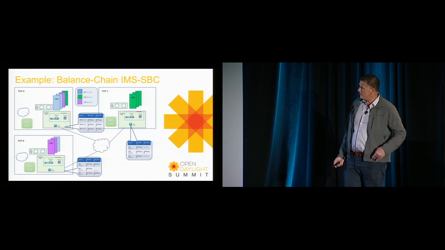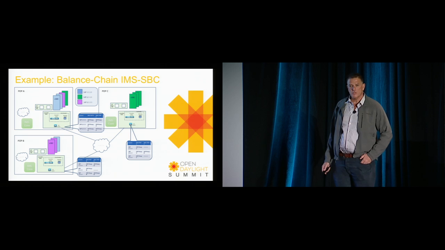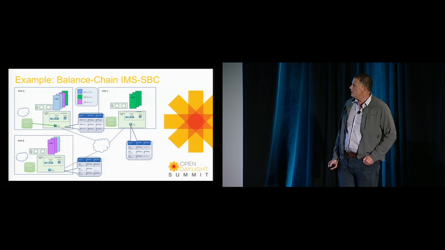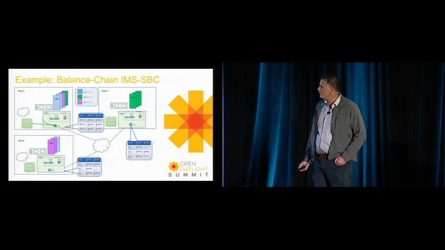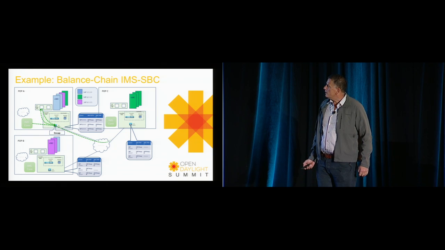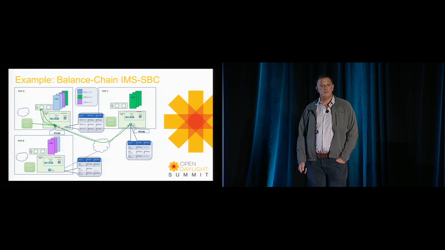Let me just illustrate some chaining and balancing decisions for functions done this way. I'm not going to go into details, but traffic comes in to the aggregation of the outer layer. A map and encap decision is made, and therefore you show up on the other end because it's the best resource, in this case, the session border controller.